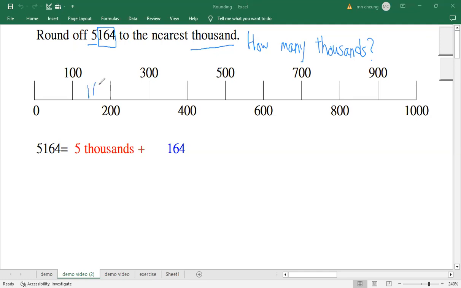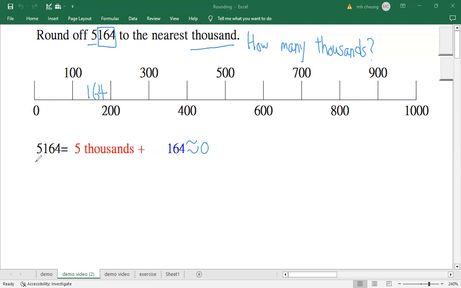Should be here. From the number line, you can see that 164 is close to the 0 end instead of the 1,000 end. So we will say 164 is roughly equal to 0.